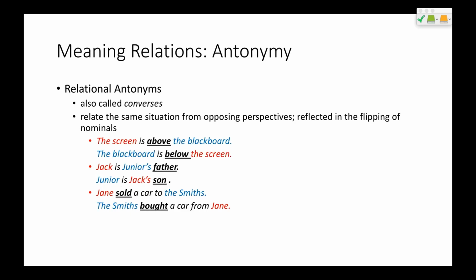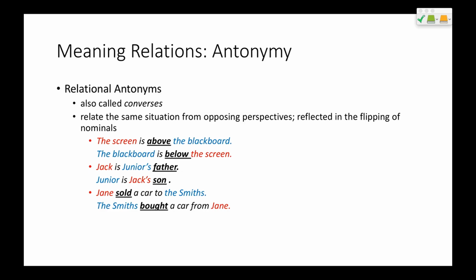If we continue these relationals, so again, this is sort of like the relative antonyms, but these are converses. So related to the same situation, but from opposite perspectives. So for instance, if the screen is above the blackboard, the blackboard is necessarily below the screen.